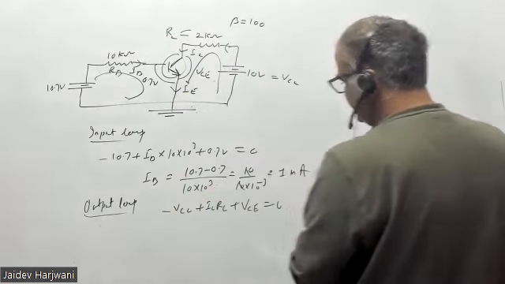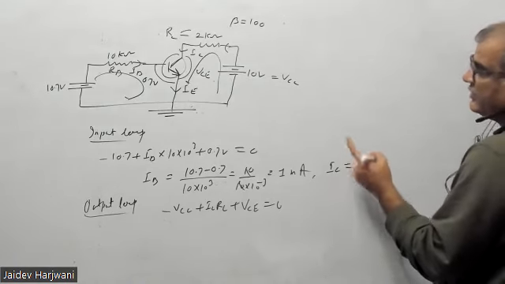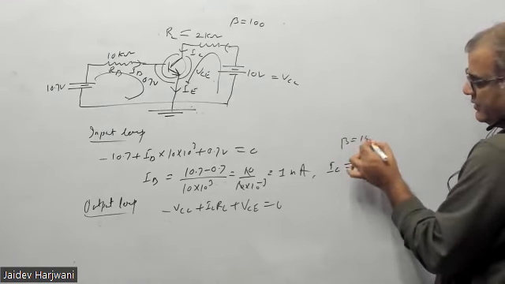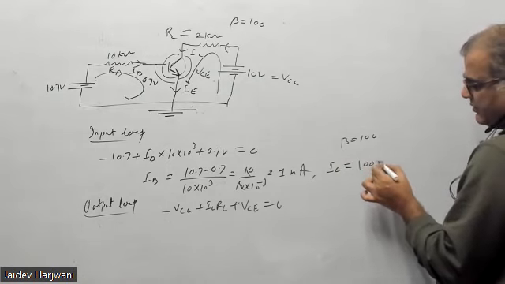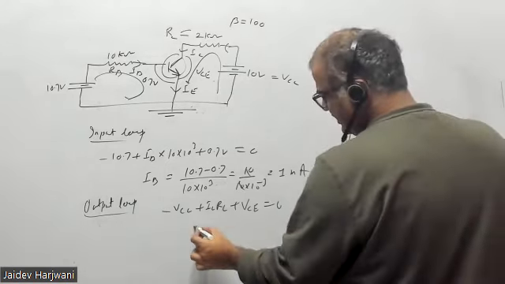Before that, the IC value will be how much? Beta IB. Beta is given as 100, so this becomes 100 milliampere. Okay, now you find VCE.